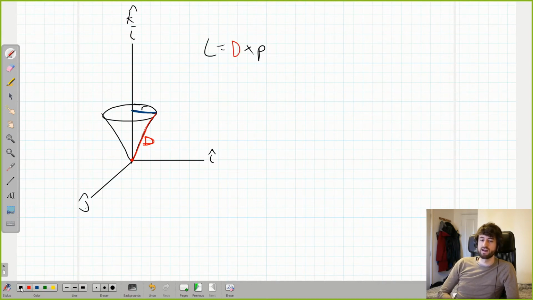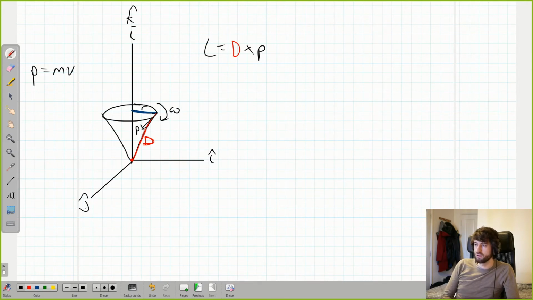And the reason I've done that is that if we think about this thing, it's spinning this way, omega, so it has some P this way. Remember that P is going to be mv, and v equals r omega.